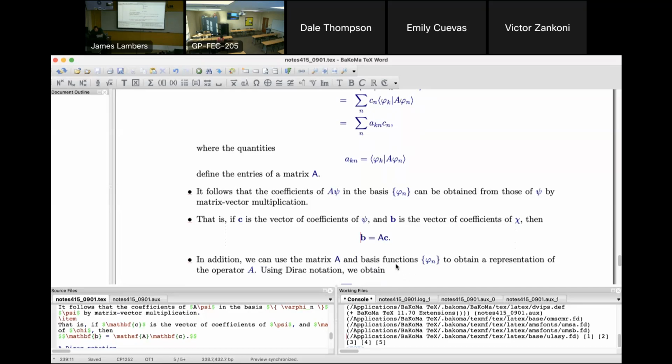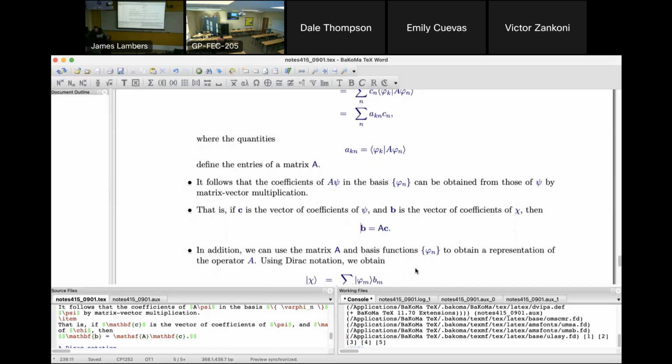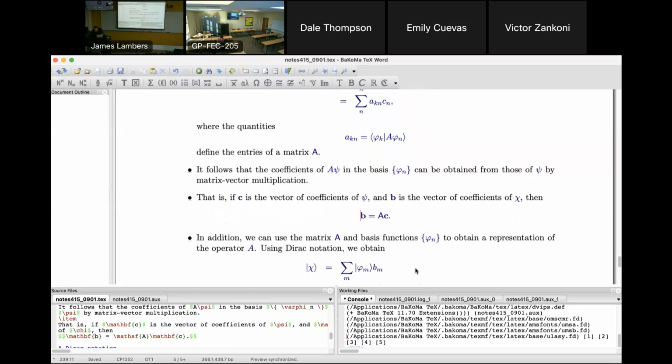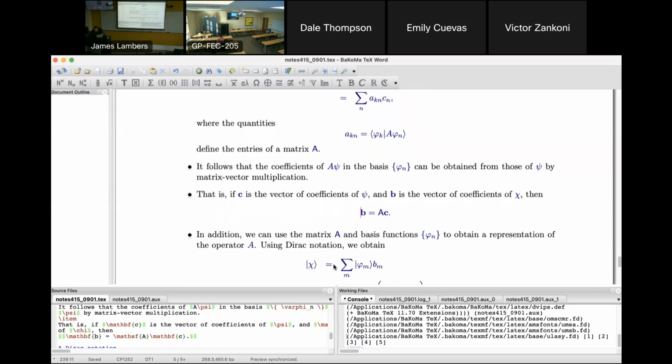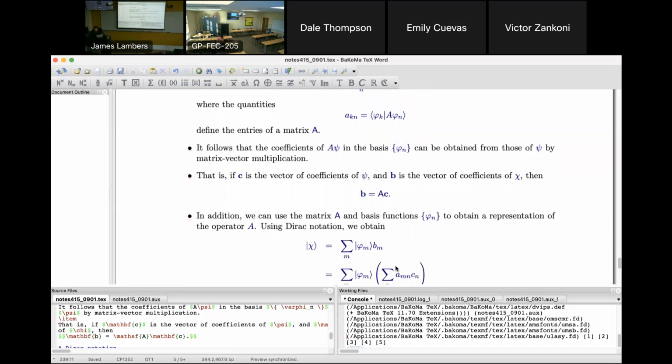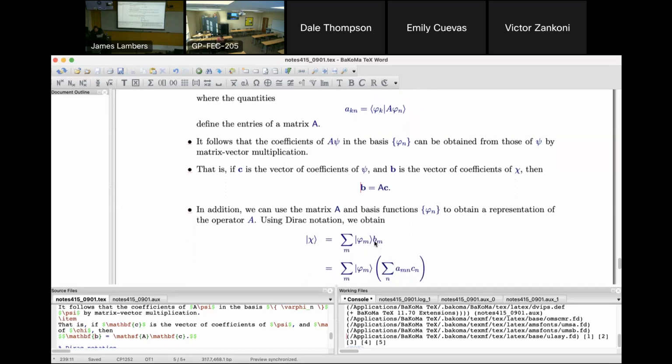And we can also use the matrix to describe the operator A using the Dirac notation that we saw before. So here I have chi written in terms of the orthonormal basis, its coefficients. Now I replace Bm with its representation in terms of C's.